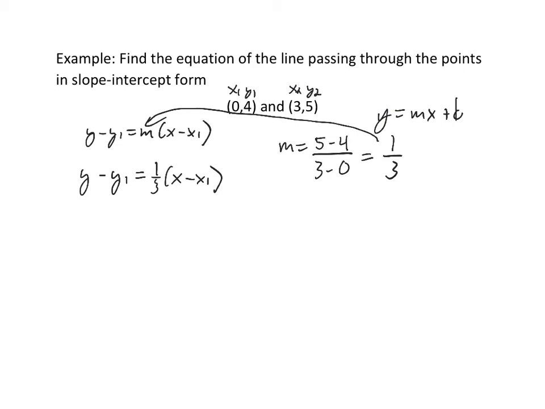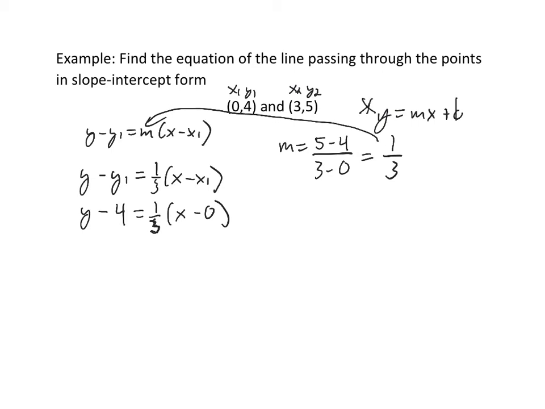Then we take our x1 and y1 and plug them in for x1 and y1 in the point-slope form. y minus y1 is 4 equals 1 over 3 times x minus x1, which is 0. So 1 over 3 times x minus 0.